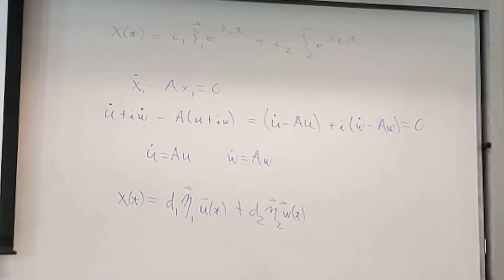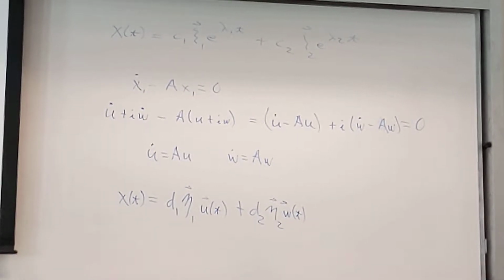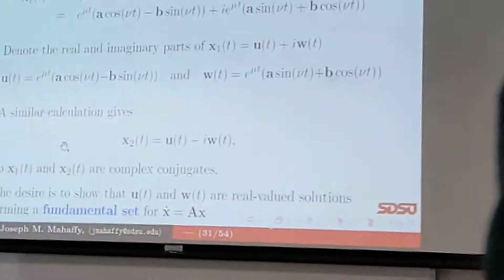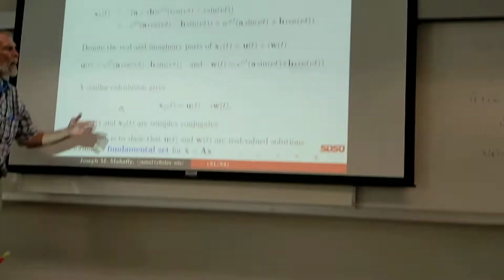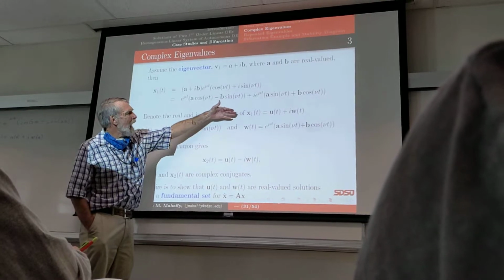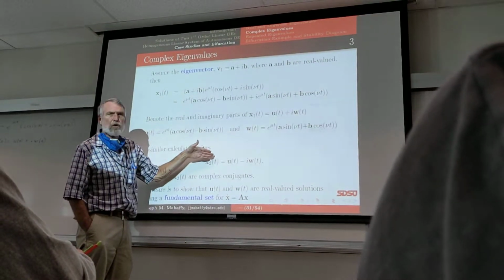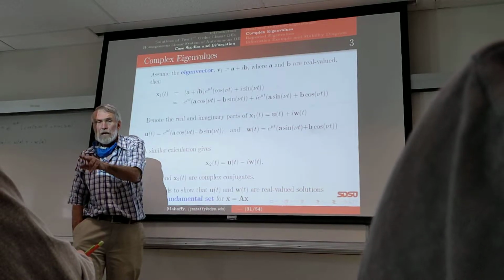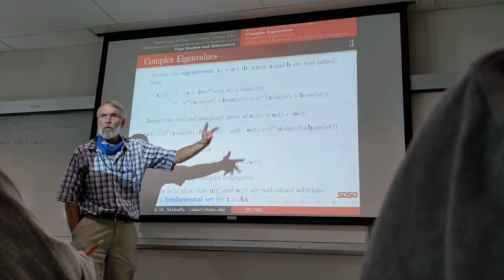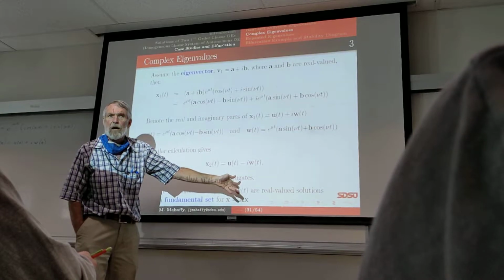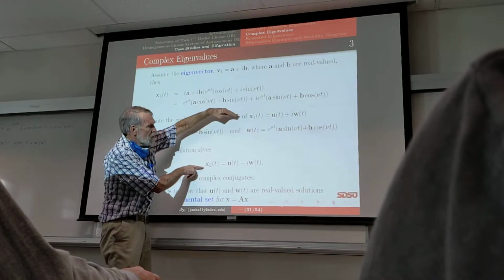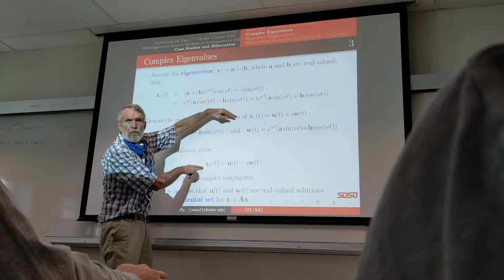I'm going to quickly go through a bit more of the theory behind it. By the way, you can also see what happens if I add x1 and x2 and divide by 2, that's a linear combination of those. What do I get? I just get u. This plus this, divided by 2, is just u.